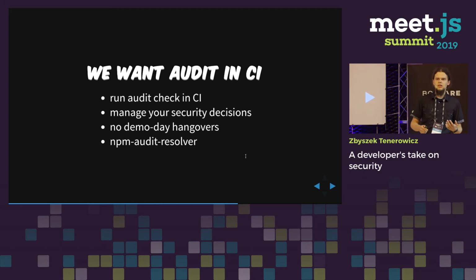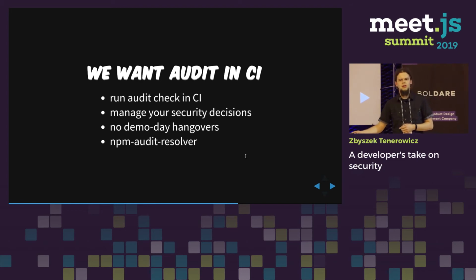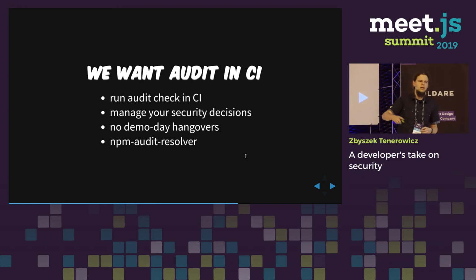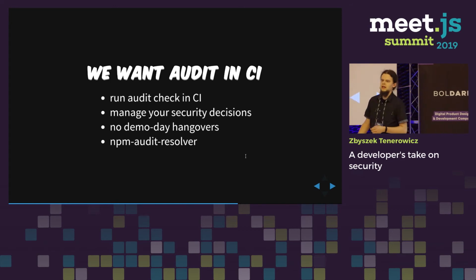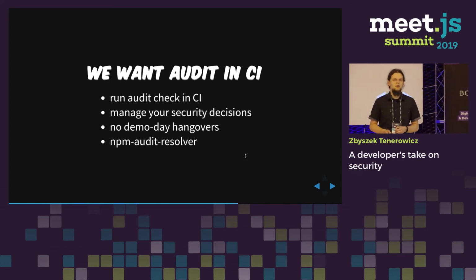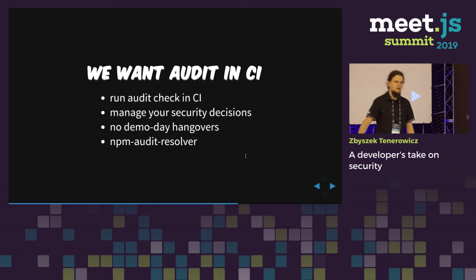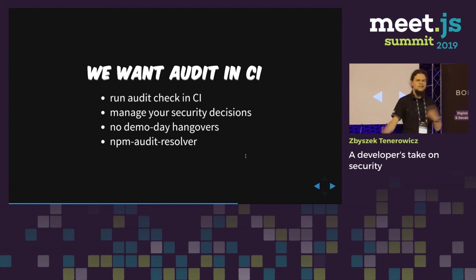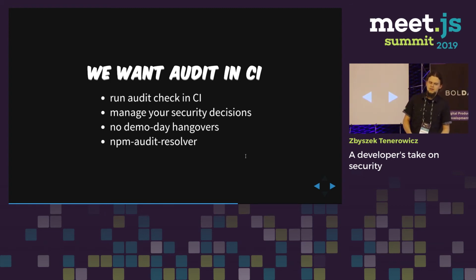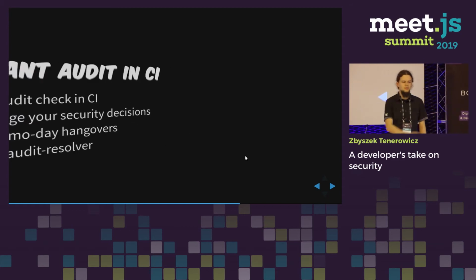What now? Well, someone's going to ignore the issue to make the build green to get it deployed to staging automatically. And then who's going to remember on the next day after all the celebration that we need to now unignore the thing? So that's how I arrived at npm Audit Resolver.